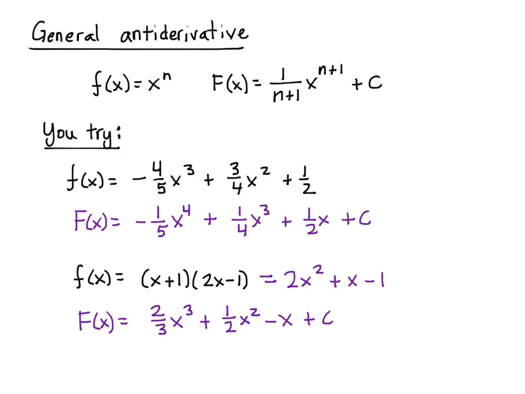So in other words, if I have, let's say, f of x equals c x to the n, my antiderivative then is going to be c over n plus 1 x to the n plus 1. So the way I've been doing it here is to show it as two products. So I have c times 1 over n plus 1.